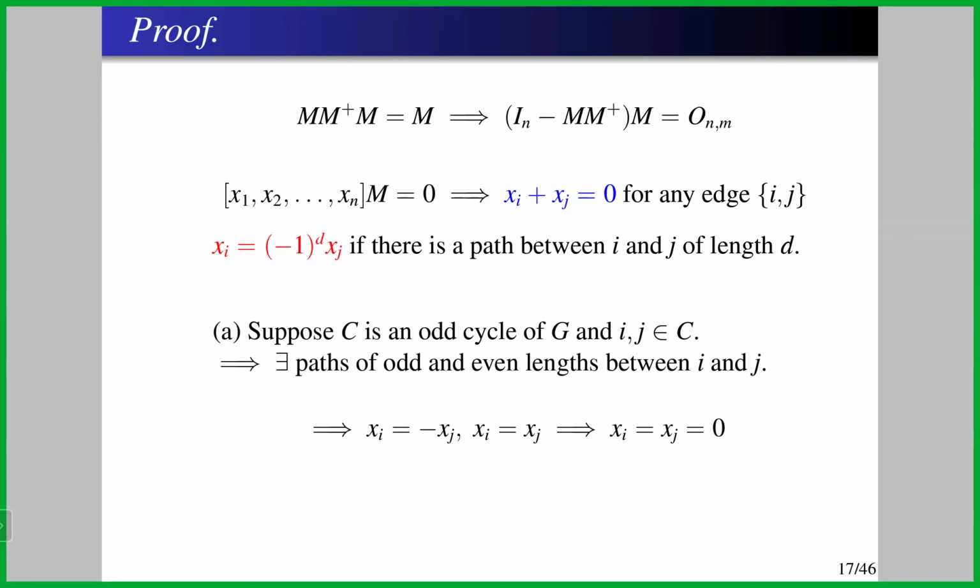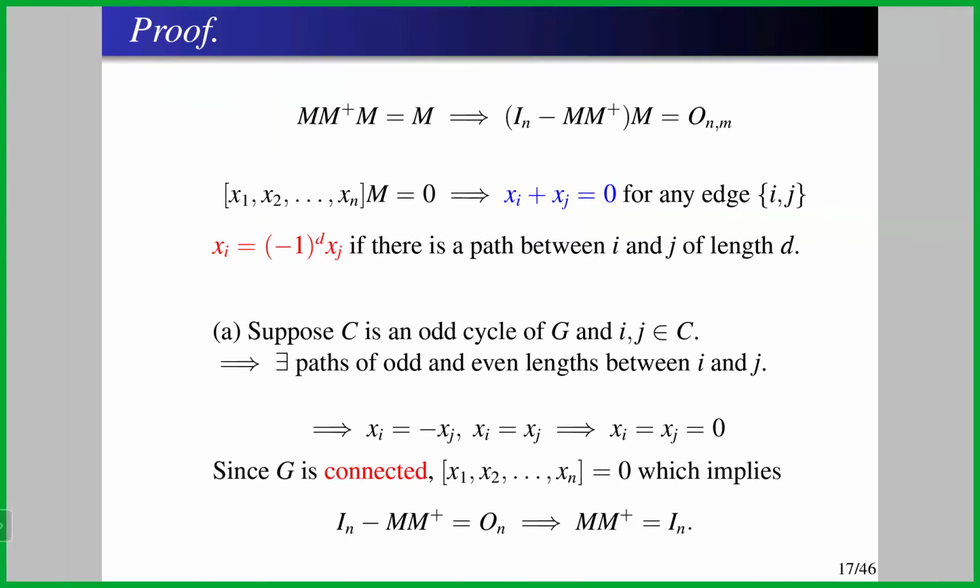So if you solve xi equals negative xj and xi equals xj, which is a really hard equation to solve, xi equals 0, xj equals 0. So that means we prove that for any vertex i on the cycle, the corresponding xi would be 0. Now, this graph is a connected graph. That means there is a path between any two vertices.